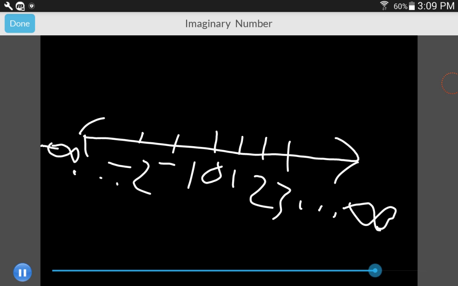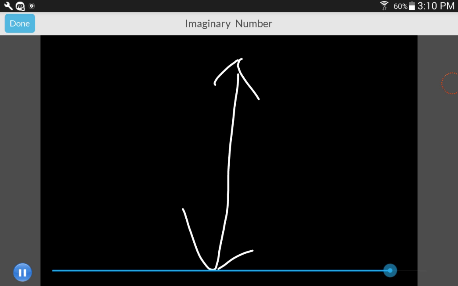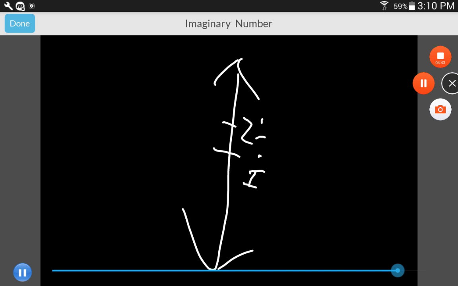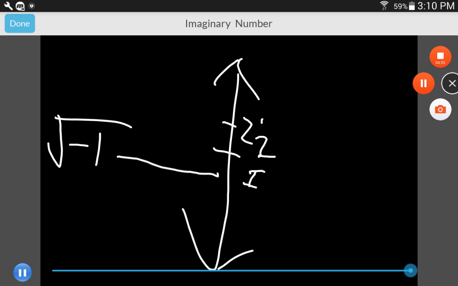But the i numbers don't exist on this number line. They exist on the vertical number line, whereas only -1 can go there. So it's a whole different realm, but the square root of -1 can go to this realm.